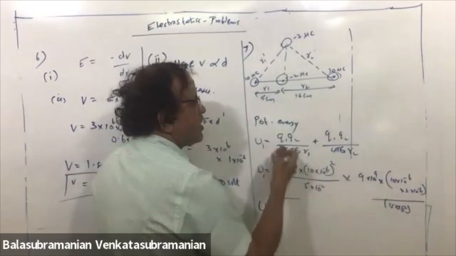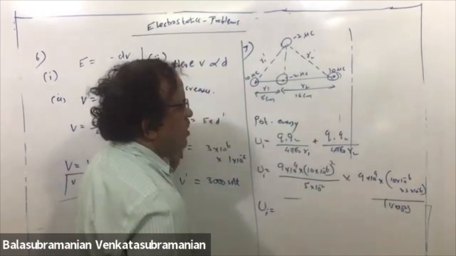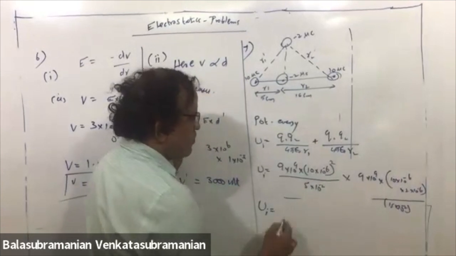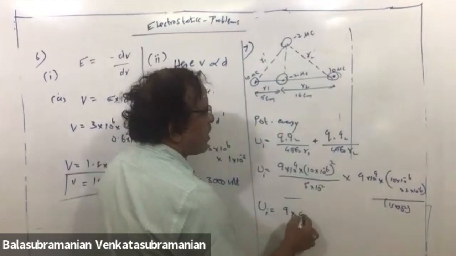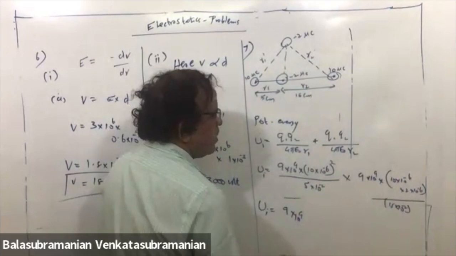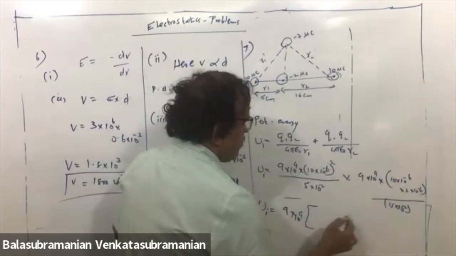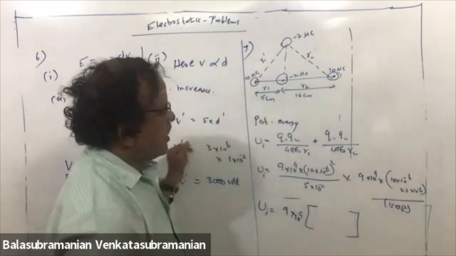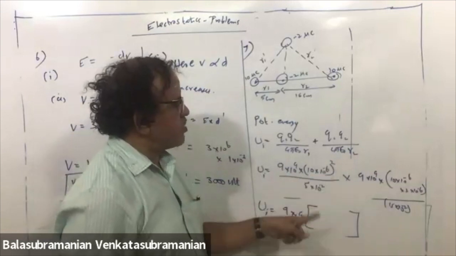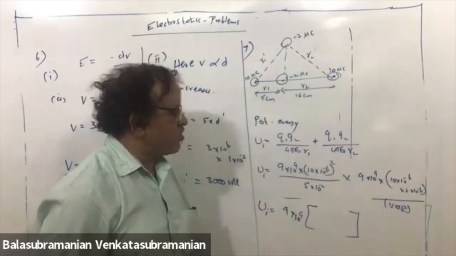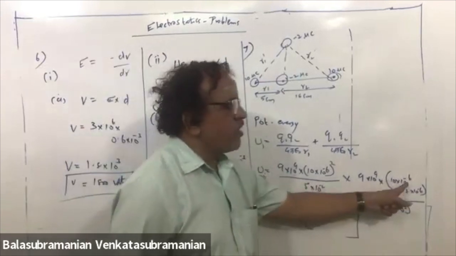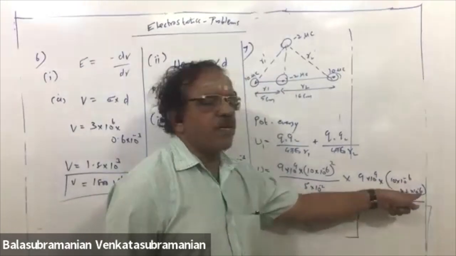Of course, you can take these two common. 1 by 4 pi epsilon naught, 9 into 10 power 9, we can take it out common. So remaining, simplify 10 into 10 power minus 6 the whole square by 5 into 10 power minus 2. Similarly, 10 into 10 power minus 6 into 2 into 10 power minus 6.